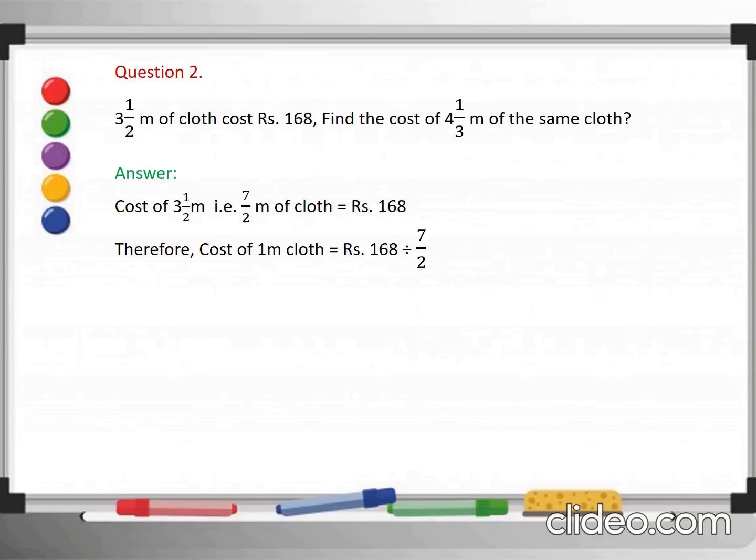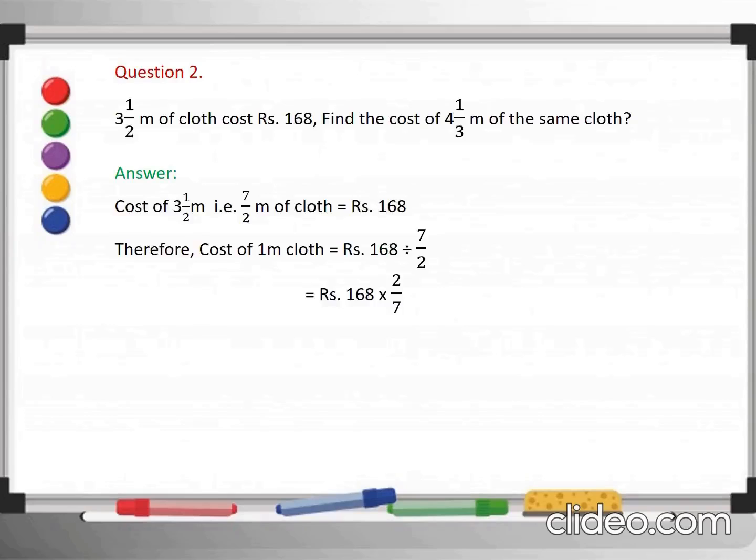When we convert the division sign into multiplication, we'll write the reciprocal of the fraction. So which fraction is given here? 7 upon 2. What is the reciprocal of 7 upon 2? 2 upon 7. Here numerator comes to denominator and denominator goes to numerator.